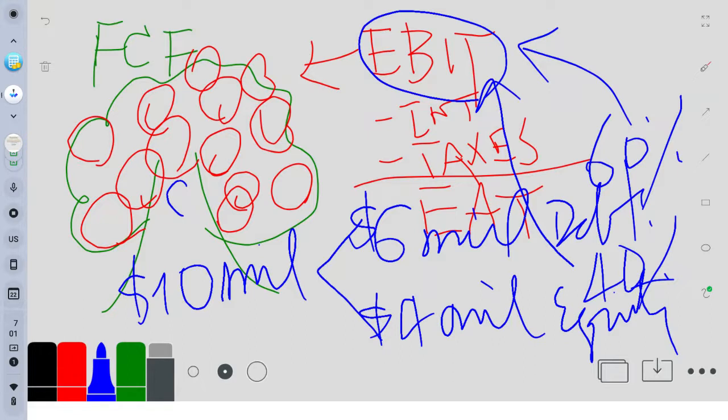So that's why you need to discount them by a weighted average, right? Because free cash flow doesn't belong solely to equity, it's thanks to both debt and equity, right?